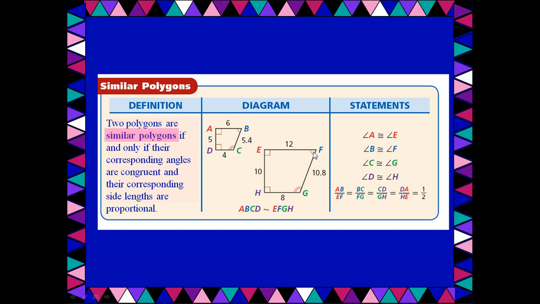And B and F are congruent. If we make a proportion of each of the side lengths, we find out that they all will reduce down to being 1/2. ABCD is similar to EFGH, and in fact, it has a scale ratio or a similarity ratio of 1:2. EFGH is twice the size of ABCD.